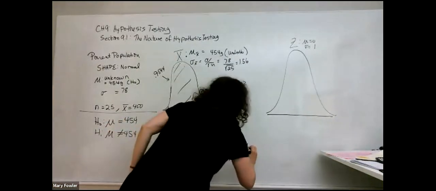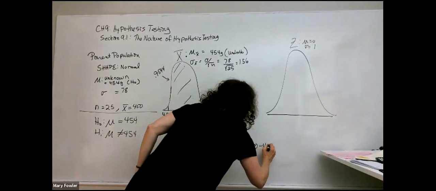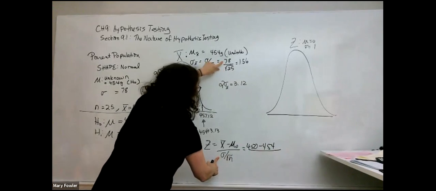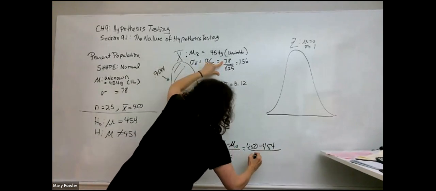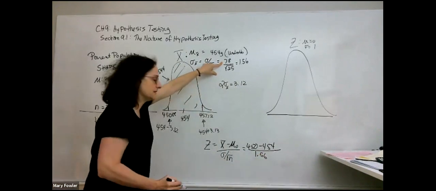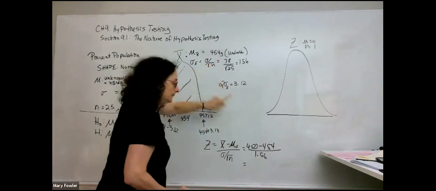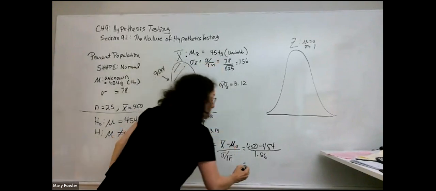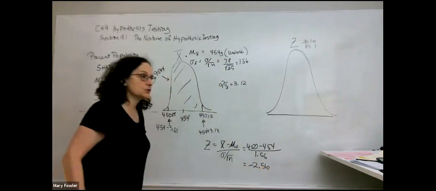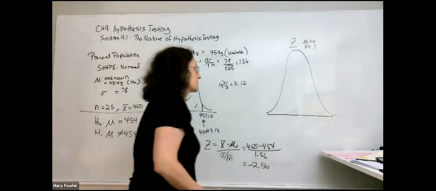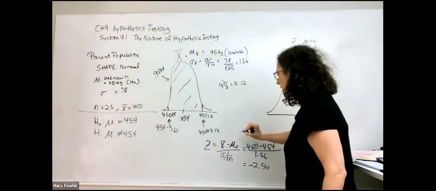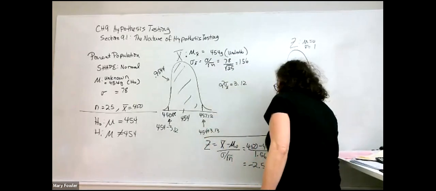So we have 450 minus 454 divided by sigma over the square root of n. So that's 78 over the square root of 25. We already calculated it once. It's 1.56. So calculating this, we get a z-score of -2.56.